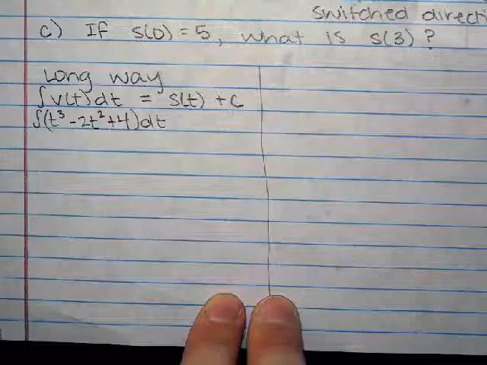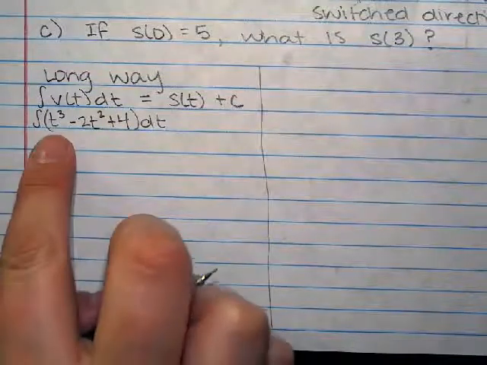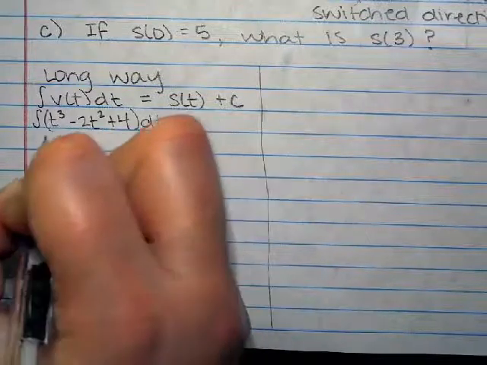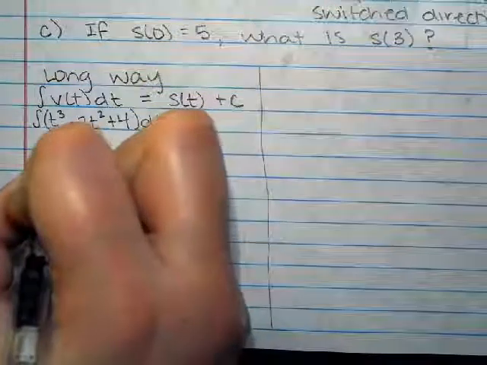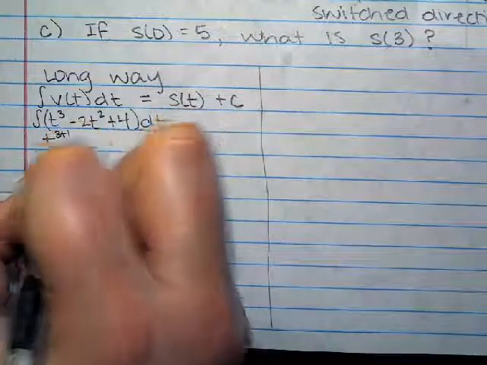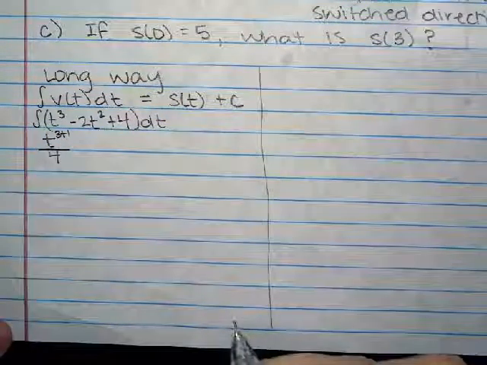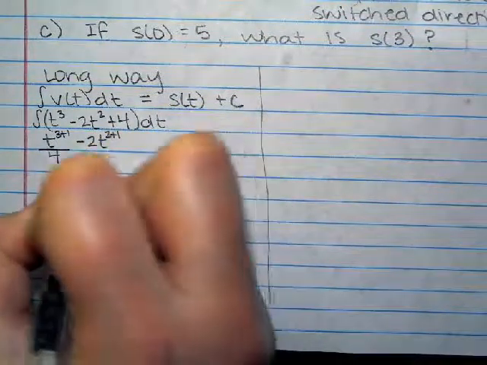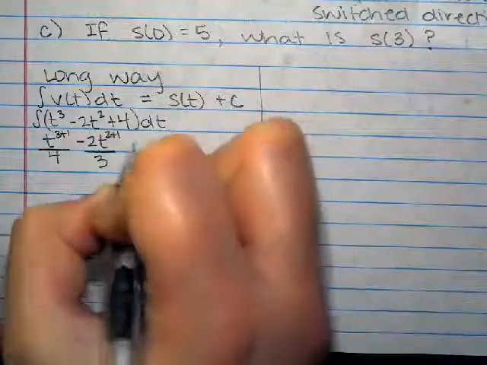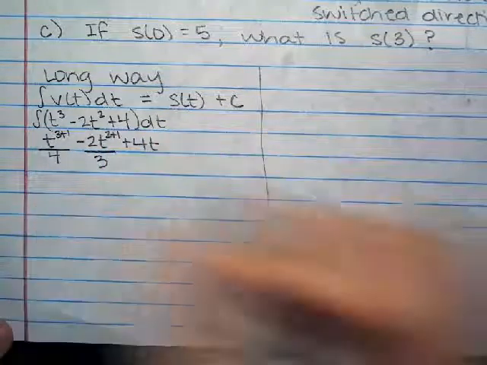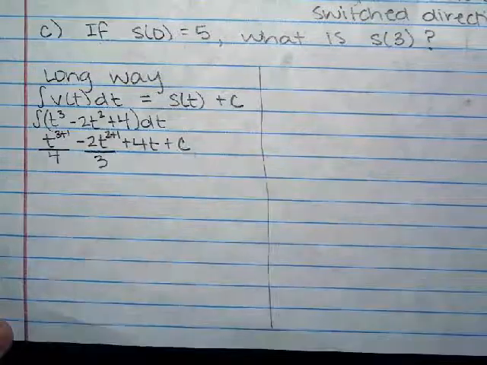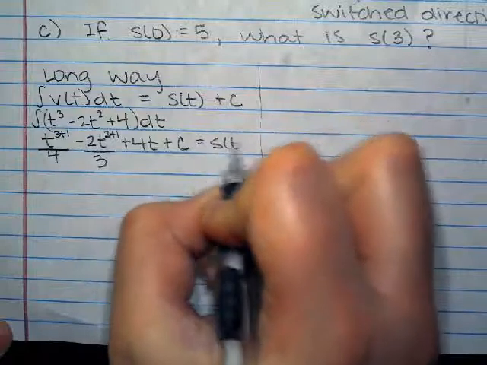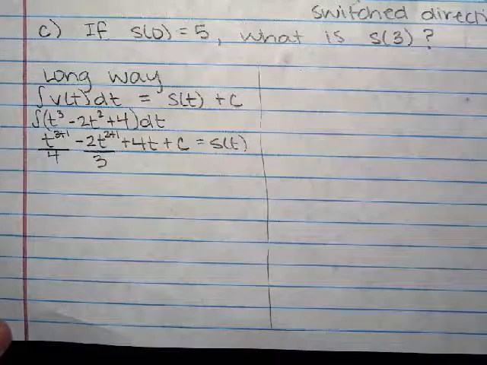So if we do the antiderivative of this, then we're going to have t to the third, add 1 to the exponent, divide by 4, minus 2t squared, plus 1 divided by 3, plus 4t plus c. And then we'll clean it up, but that equals s of t, right? Everyone comfortable with that?